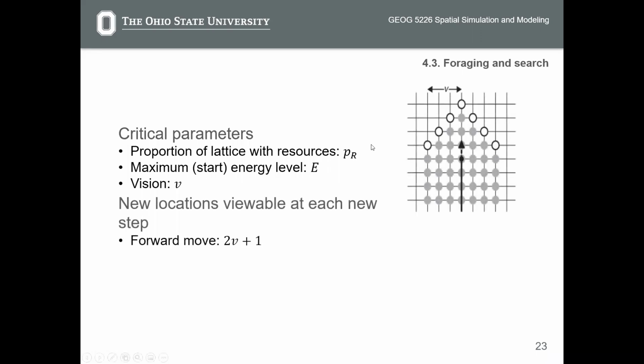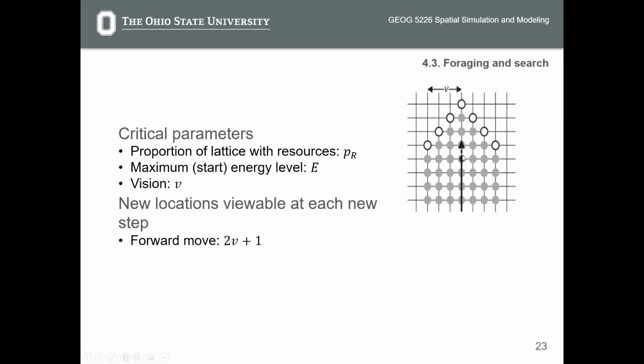So here is an example of a lattice with resources. Currently, this walker is at this specific location with a black dot. The vision of this walker is set to 3, which means when it is standing at this specific location, it can discover all the cells 3 units away from it.